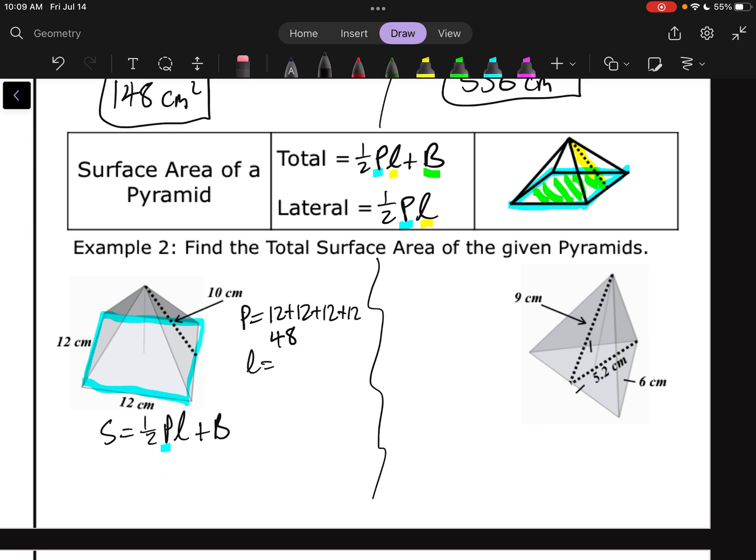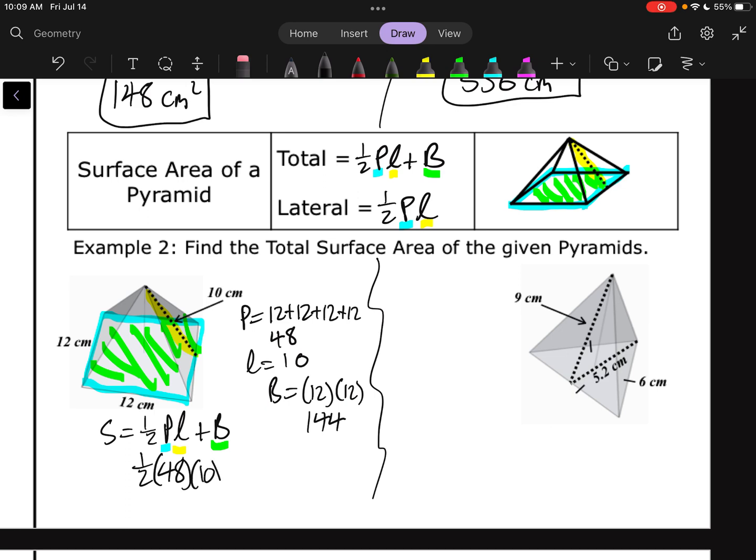Our L is the slant height, and they gave us that as 10. And then our B will be the area of the base, which since this is a square, we're just going to do 12 times 12 to get 144. So we need to do 1/2 times 48 times 10 plus 144.